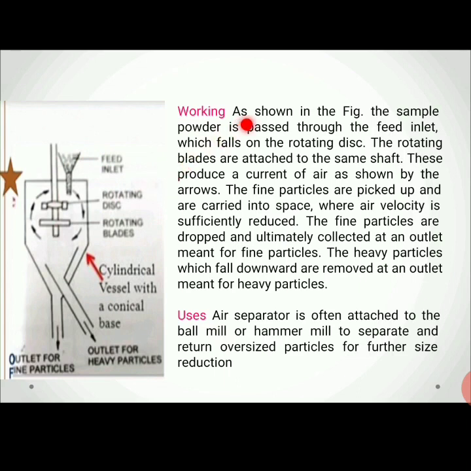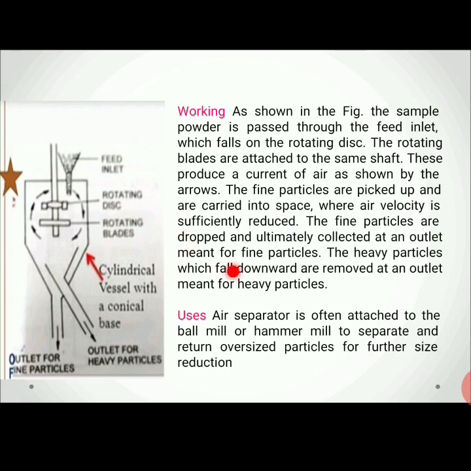Then next point is the working. As shown in the figure, from the top side the powder is introduced. But first of all, powder is not introduced.